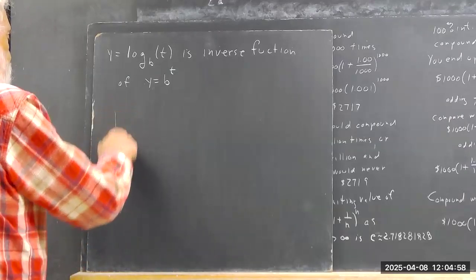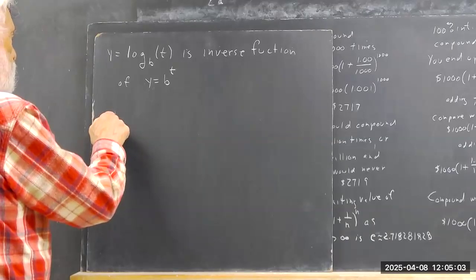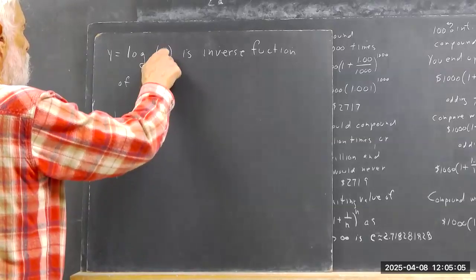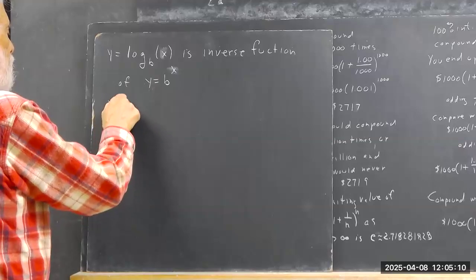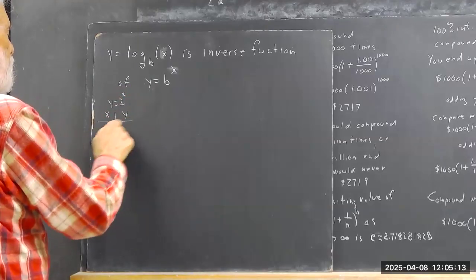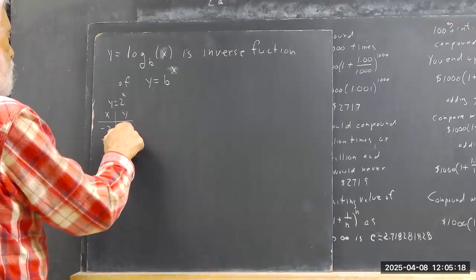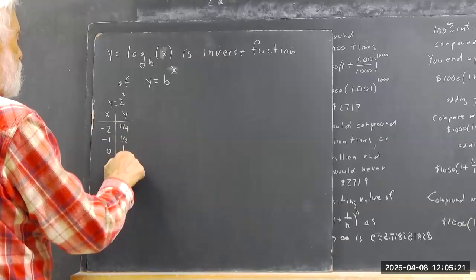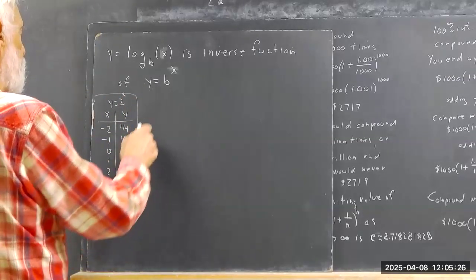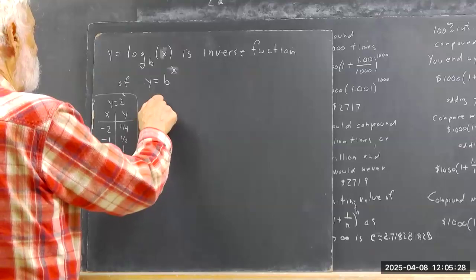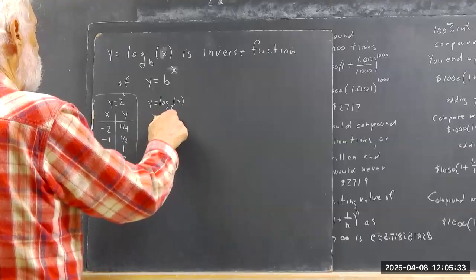So for example, and I'll use x instead of t, right here is your table for y equals 2 to the x, and your table for y equals log base 2 of x.